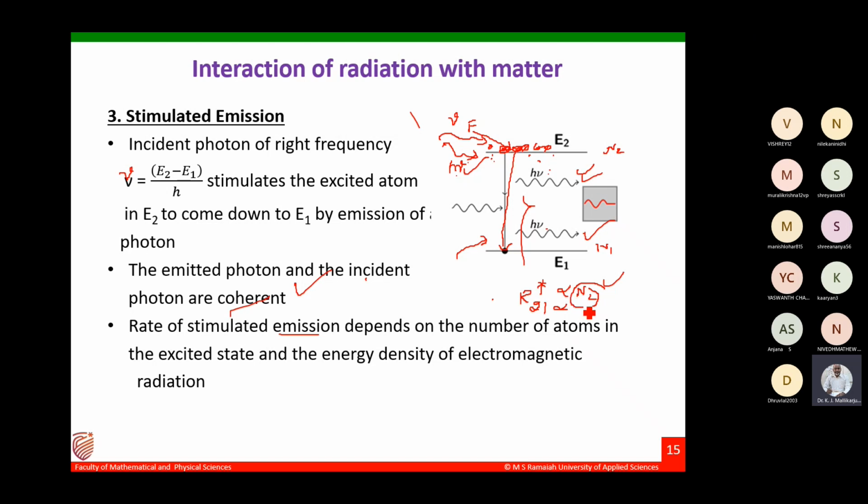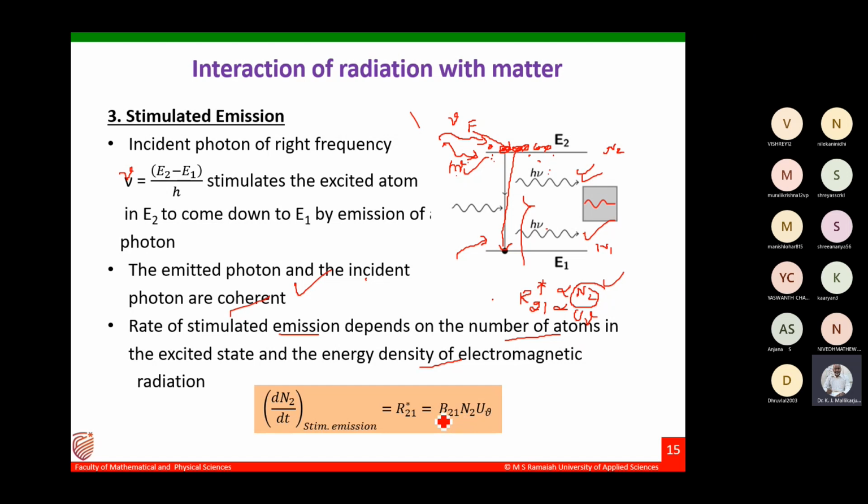Therefore it does depend on N2 as well as u nu. Therefore, the rate of stimulated emission depends on the number of atoms in the excited state and the energy density of the EM radiation. Mathematically, I can write that it depends on N2 as well as u nu.